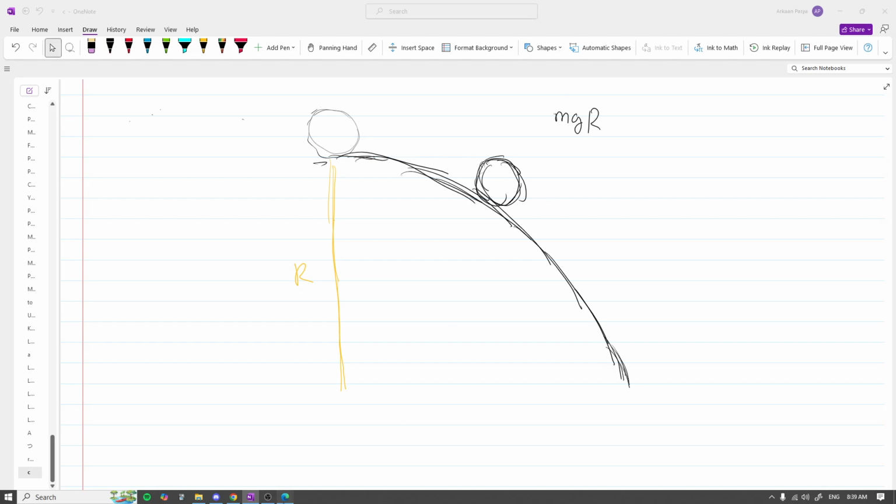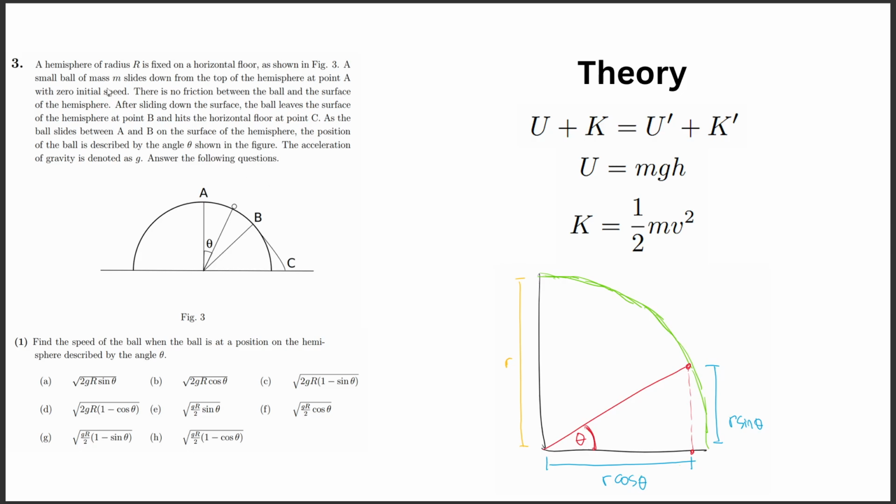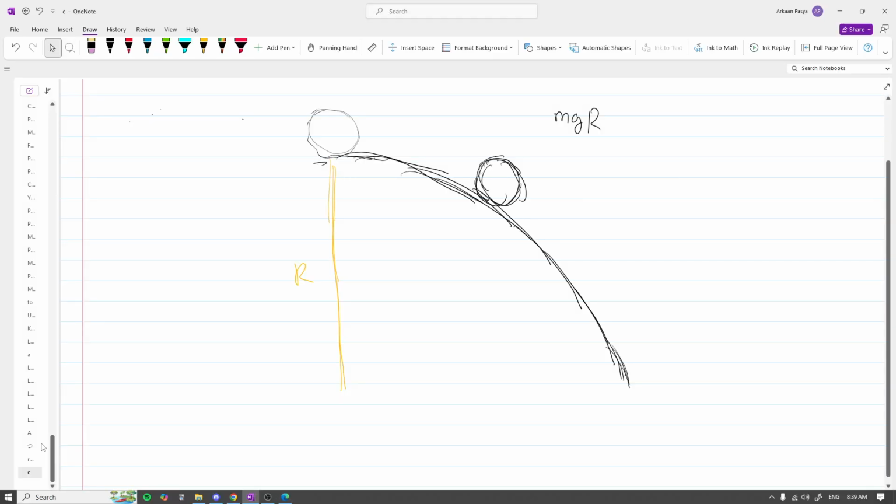But from the problem we know that it slides down from the top of the hemisphere at point A with zero initial speed, so it doesn't have kinetic energy here. So the mechanical energy at this tip is only mgr.